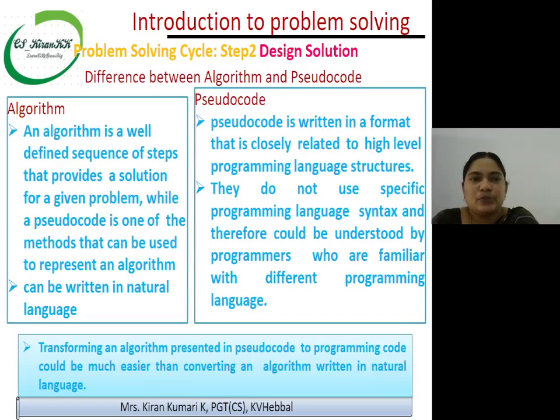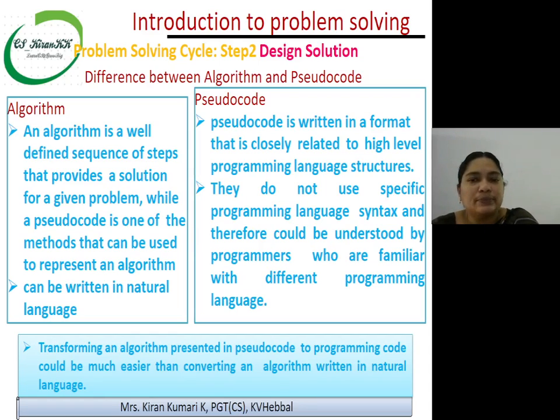Alright, now let's proceed. What is the difference between algorithm and pseudocode? An algorithm is a well-defined sequence of steps that provides a solution for a given problem, while pseudocode is one of the methods that can be used to represent an algorithm. What is the other way? Flowchart. Right. So an algorithm can be written in natural language, whereas pseudocode is written in a format that is closely related to high-level programming language structures.